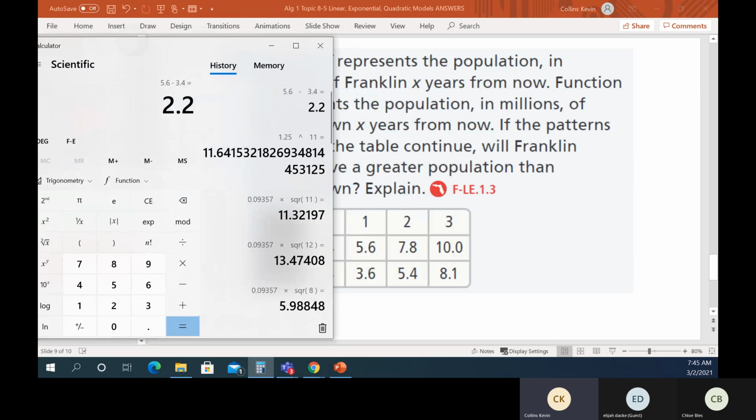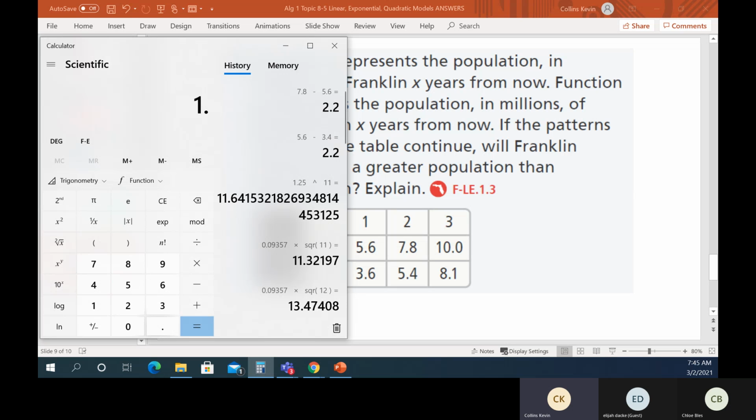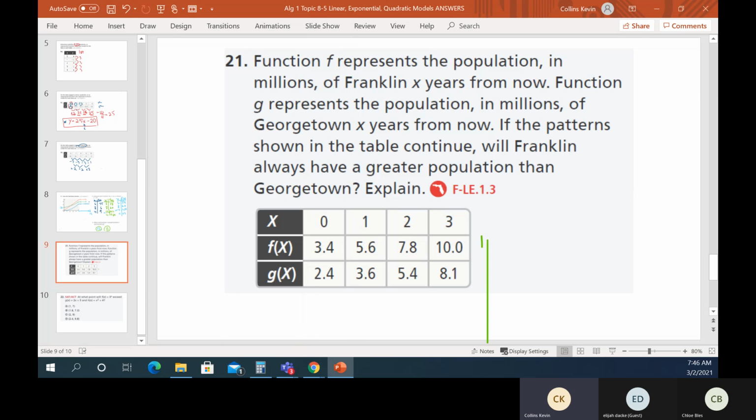Let's check out the next one here. We do 7.8 minus 5.6, also 2.2. And then the last one is 10 minus 7.8. All right, so that one's going up linear. So this one's linear.